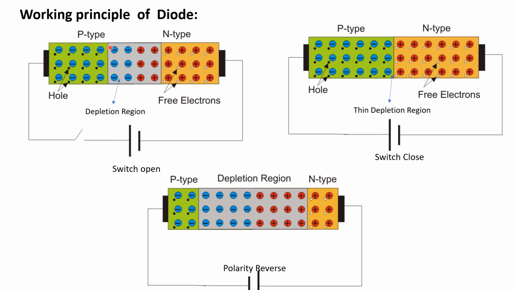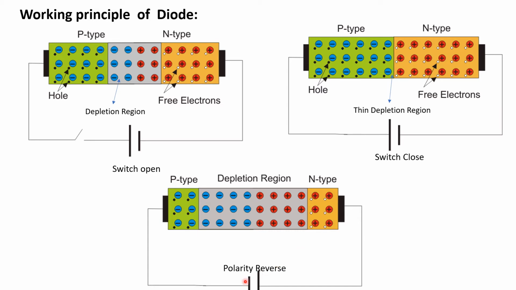In the previous condition the depletion region was big, and once you apply voltage across the PN junction, the depletion region becomes very small, and it keeps getting thinner as the voltage rises. At a certain voltage, which depends on the type of diode, this layer breaks down, and once it breaks down, the diode starts conducting.